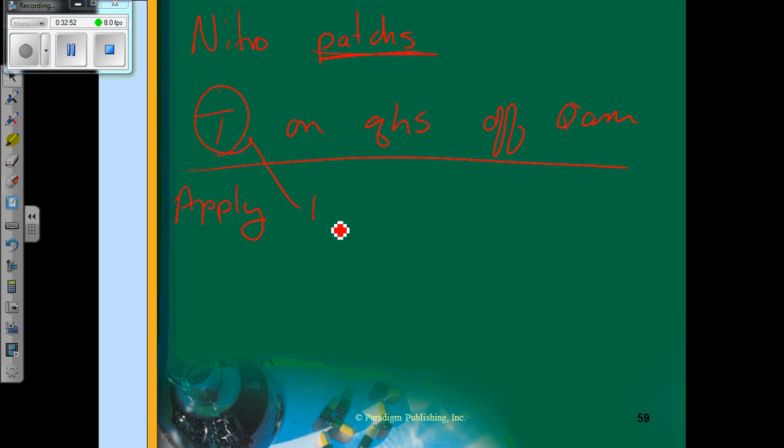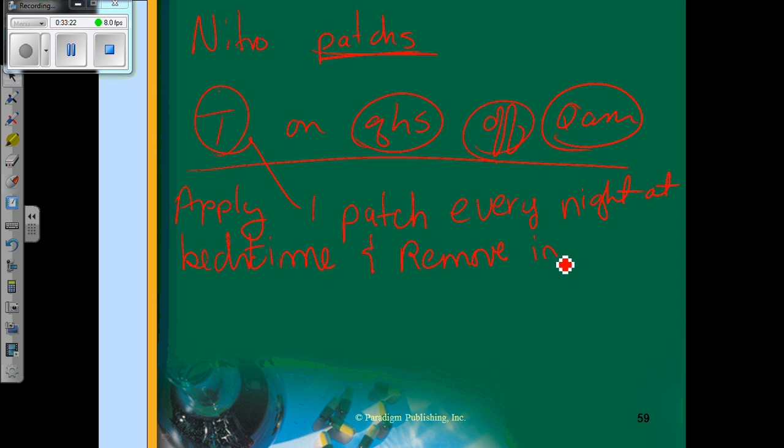Apply 1 patch QHS, every night at bedtime. And then you would want to put and remove, because this is off, and remove in the morning. And so those are just a couple of examples for you.